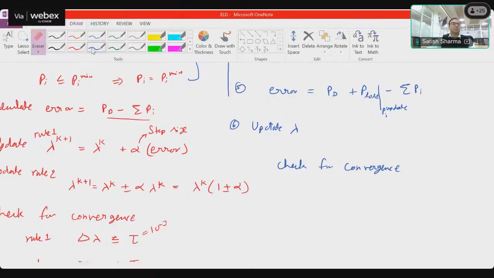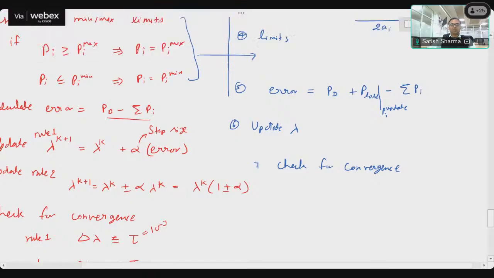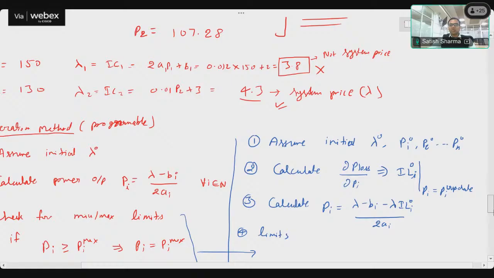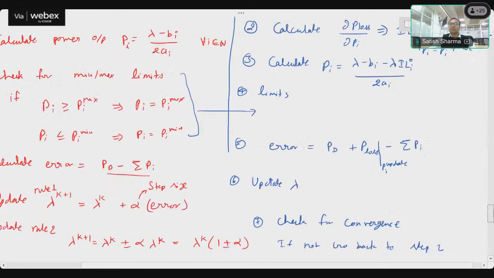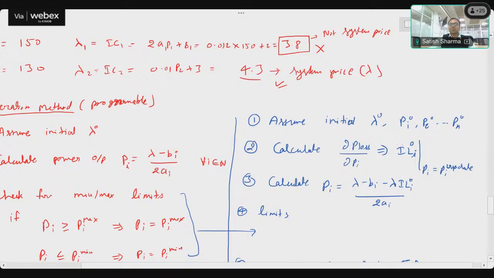If not converged, go back to which particular step? I will go back to step 2, where I will again calculate the new incremental losses with updated values of pi.